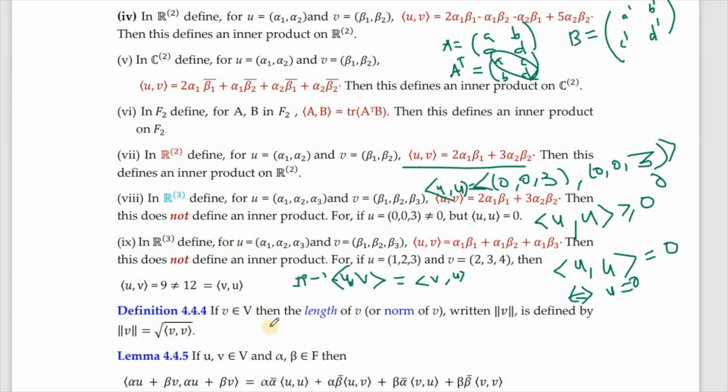So next we have the length of V, length of a vector. That is denoted as this parallel lines, and it is read as norm of V. So whenever we look at this notation, we'll have to read it as norm of V. And that is described as square root of inner product VV. Inner product of two vectors is always a scalar.